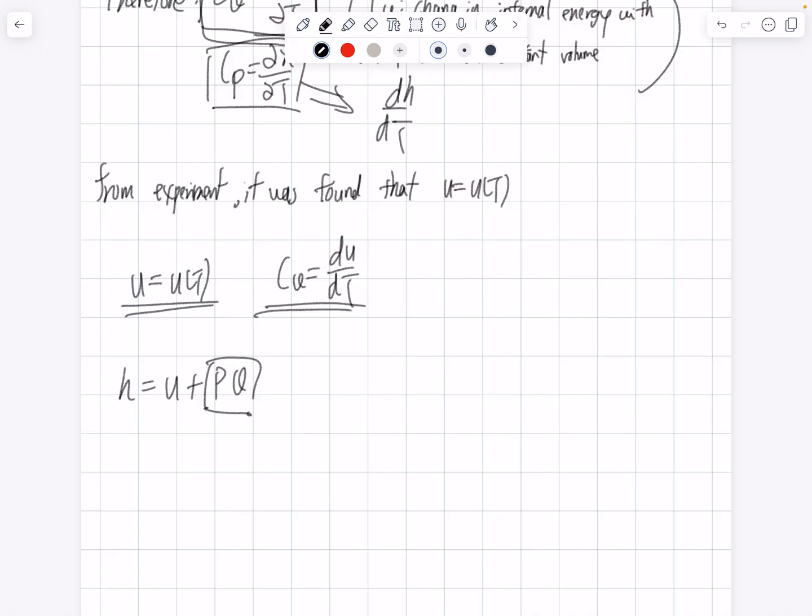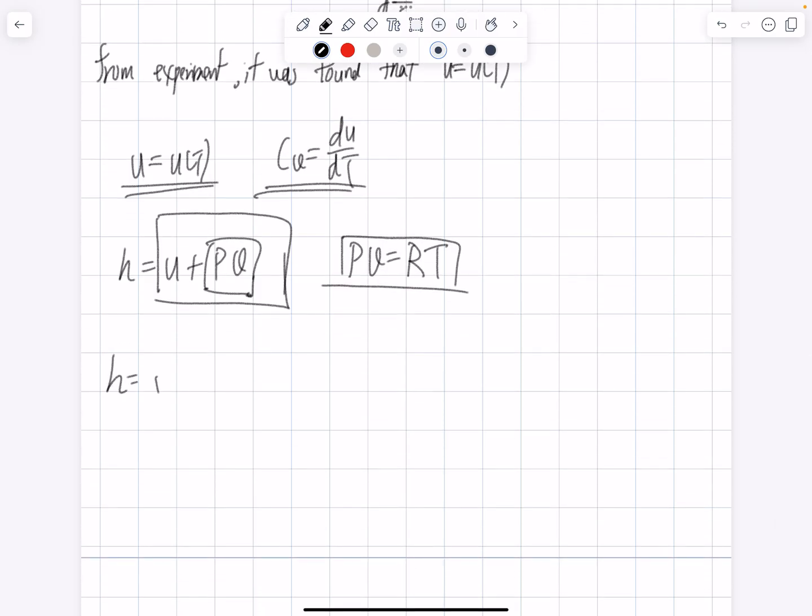Well, it does, but ideally we want the whole right hand side to be a function of temperature. With ideal gas, we know that this equation is also true for ideal gases.